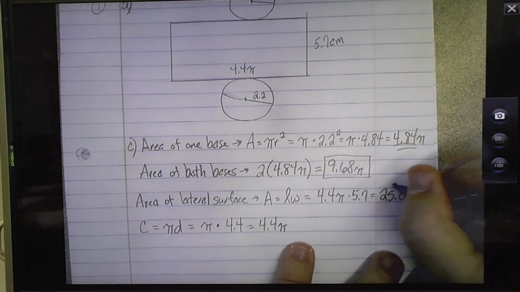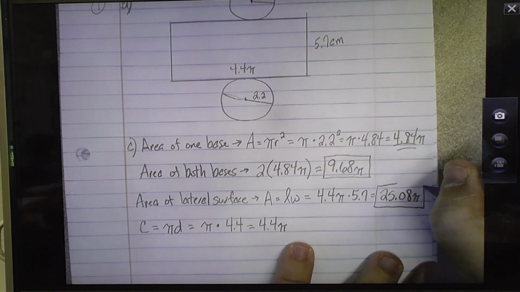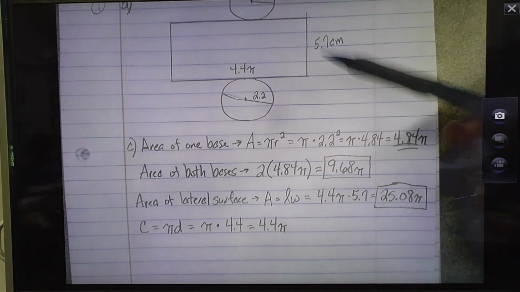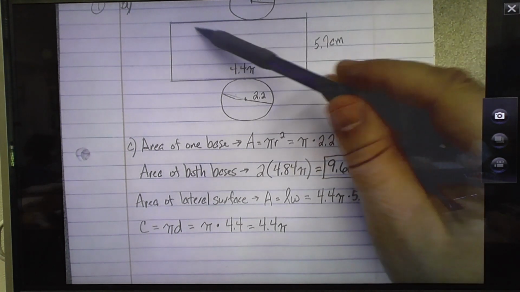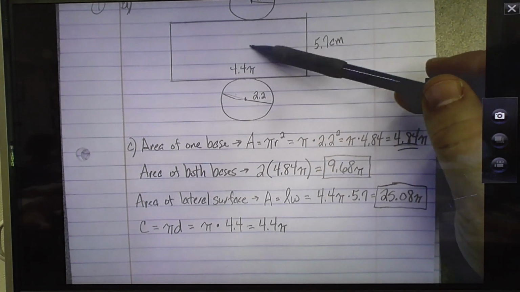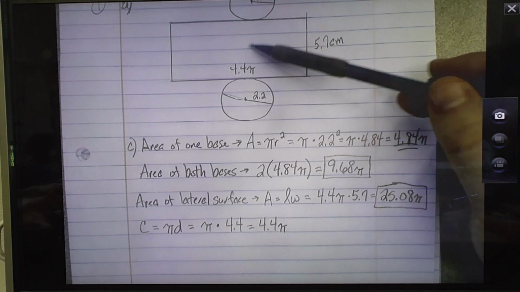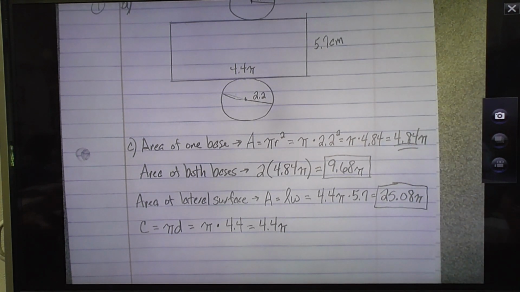So there are my two pieces that make this up. I got my two bases, those are 9.68 pi. I got the area of this rectangle, that's 25.08 pi.